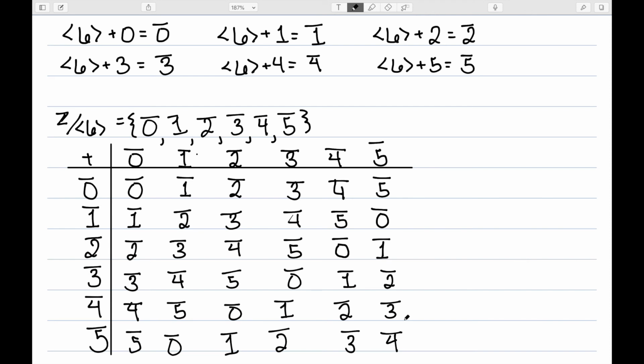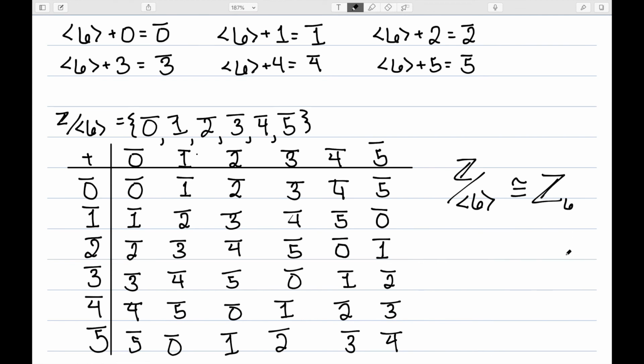Something we may notice here is that if I were to just ignore all of these bars, take all of the bars away that indicated that we were talking about these cosets in the first place, then this would be the table for Z6. So what we're saying is that this Z mod the subgroup generated by 6 is the exact same thing as Z6.